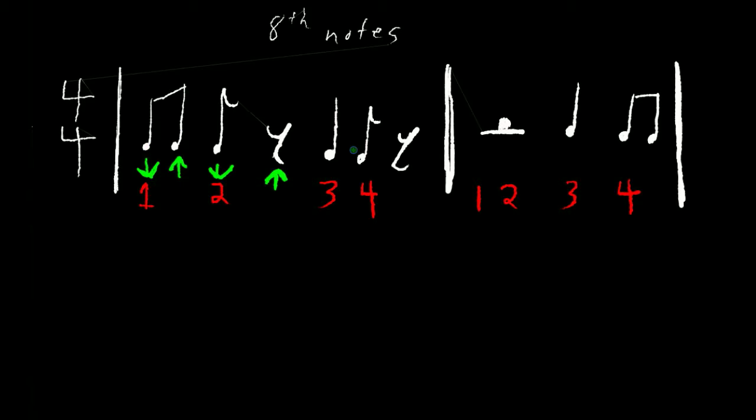So actually, we've just got downbeats the whole rest of this measure. So actually, you know what? On second thought, I am going to erase that upbeat. And instead, I'm just going to draw in these downbeats.